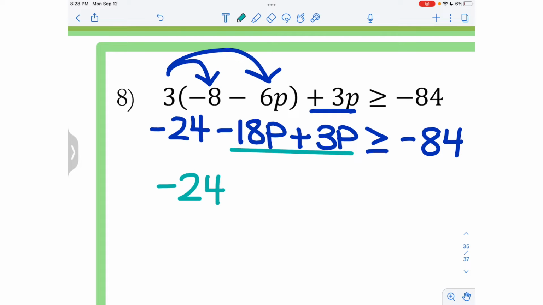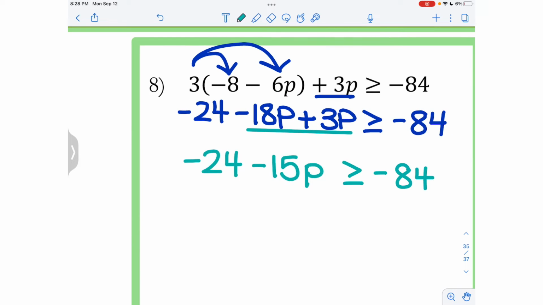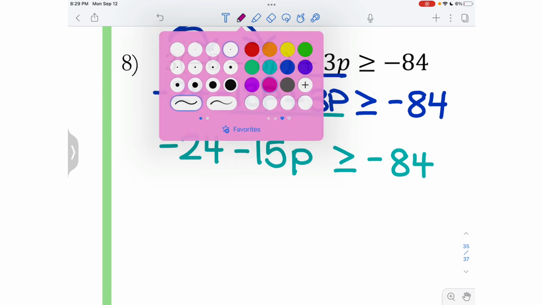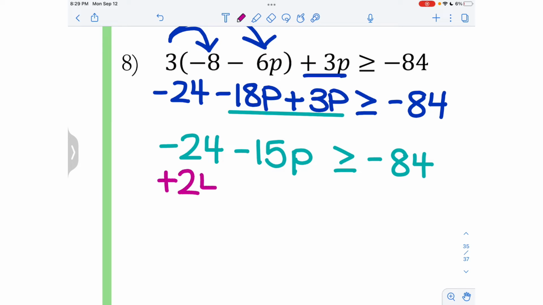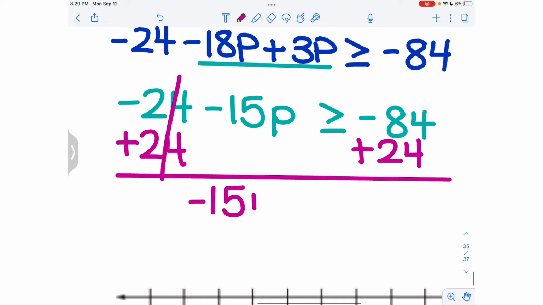I have negative 24 minus 15p is greater than or equal to negative 84. So I just combine negative 18 plus 3, which is negative 15. Now I'm going to add the 24 over. That gives me negative 15p is greater than or equal to negative 60.